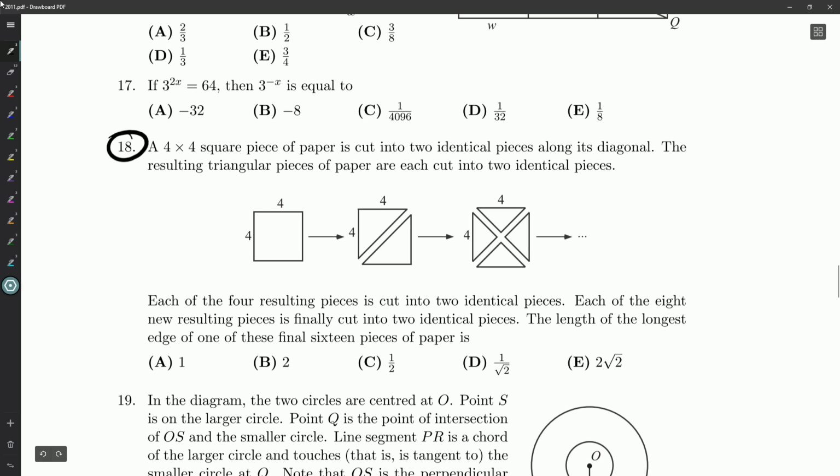A 4x4 square piece of paper is cut into two identical pieces along its diagonal. The resulting triangular pieces are each cut into two identical pieces. These are nice little right angle isosceles triangles, and so you can actually cut them across to make two smaller isosceles right angle triangles, and that's what we've got shown here.